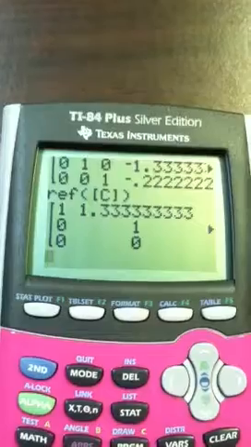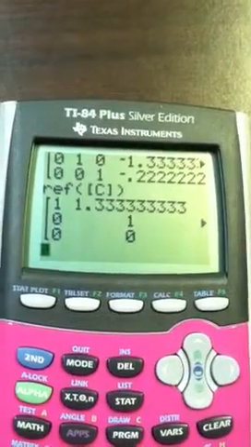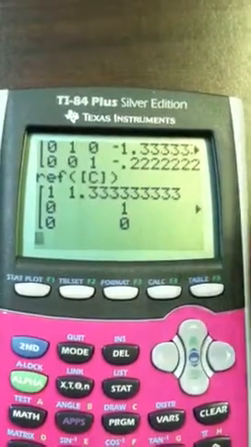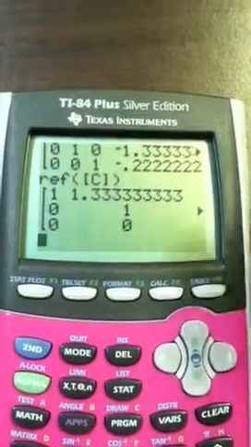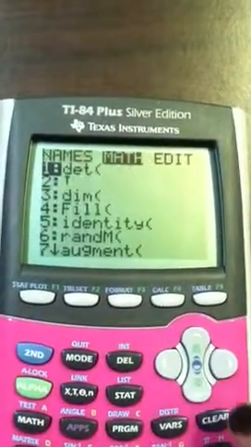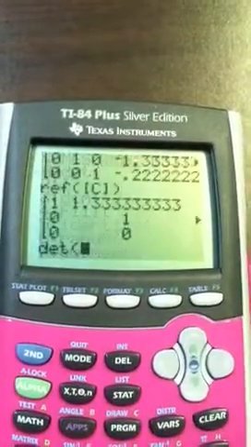And there's other things that we can do with our matrix operations on the calculator. You can find the determinant, which is the very next thing that we're going to be doing. So I'll go ahead and show you that as just a preview. If I want to find the determinant, it's just this first one here. It says determinant.